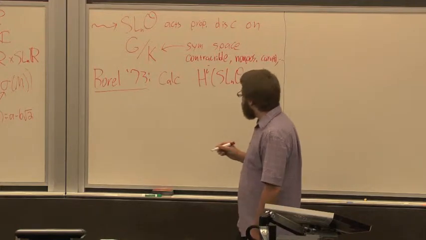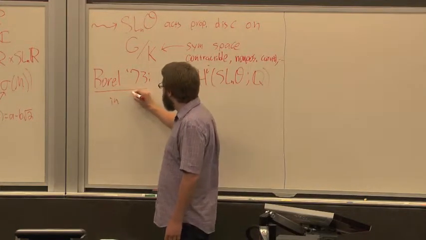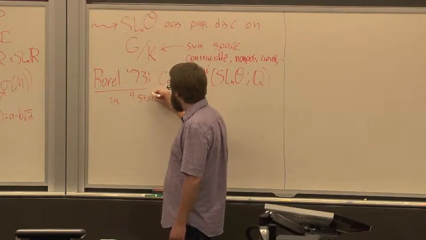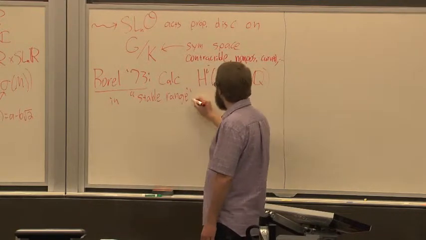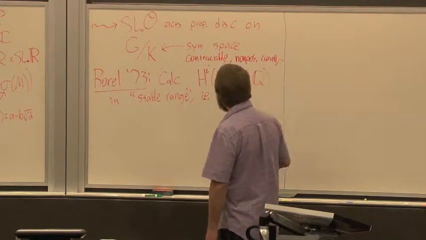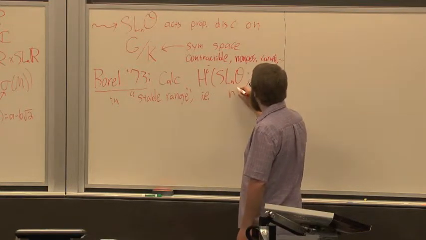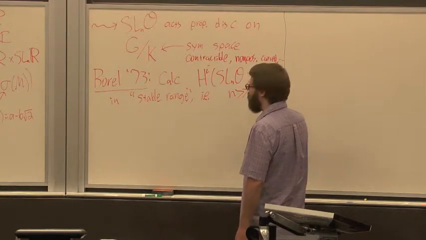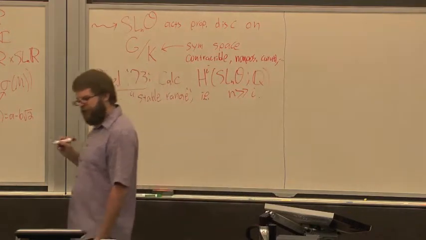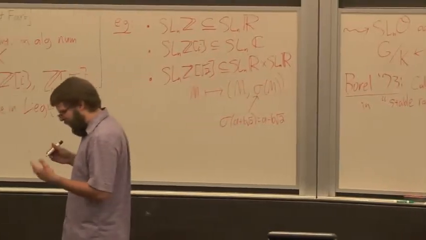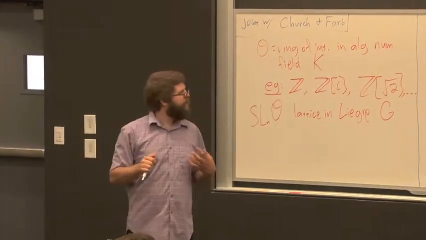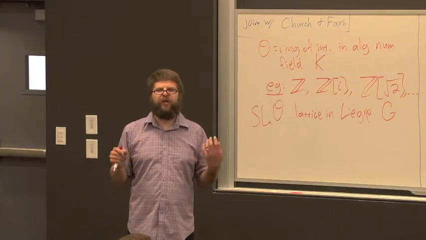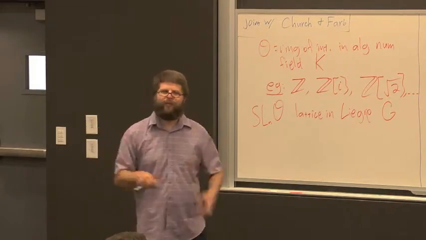This is in what's called the stable range, which means when n is very large compared to i. Okay, so you look at, say, H^1, and you let n get bigger and bigger, and eventually it settles down. In fact, H^1 for SL_n O is going to be 0 once n is at least 3.